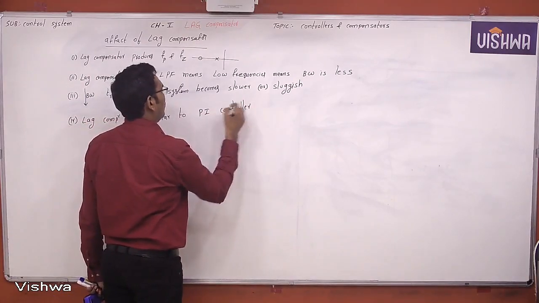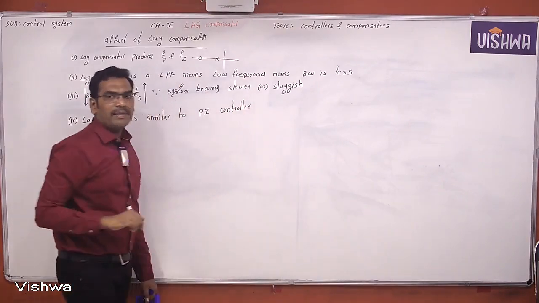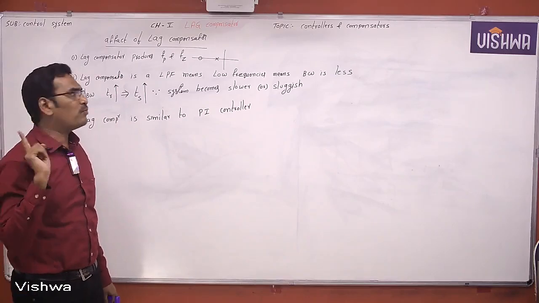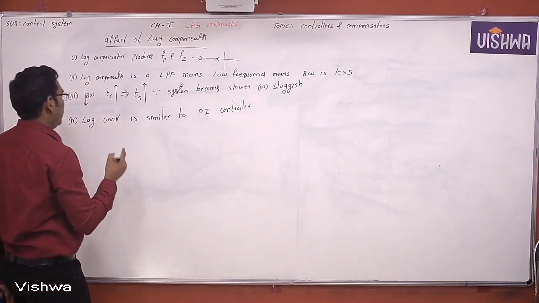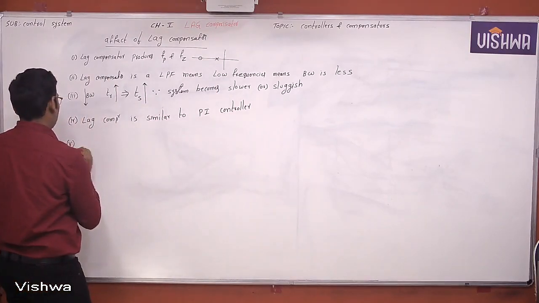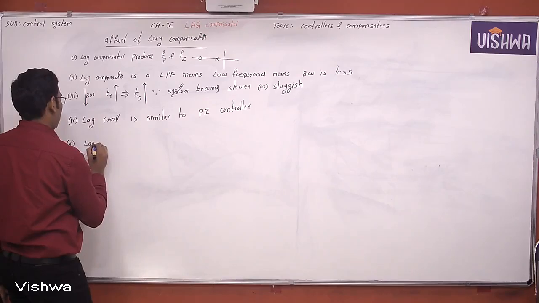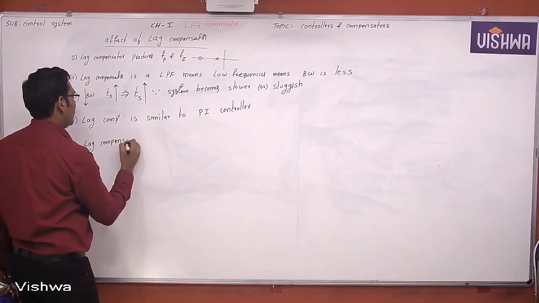Here it is also a low pass filter, an integrator, an integral controller. Why a PI controller? The PI controller produces one pole at the origin. Here also the first one is a pole. The lag compensator is similar to the PI controller.